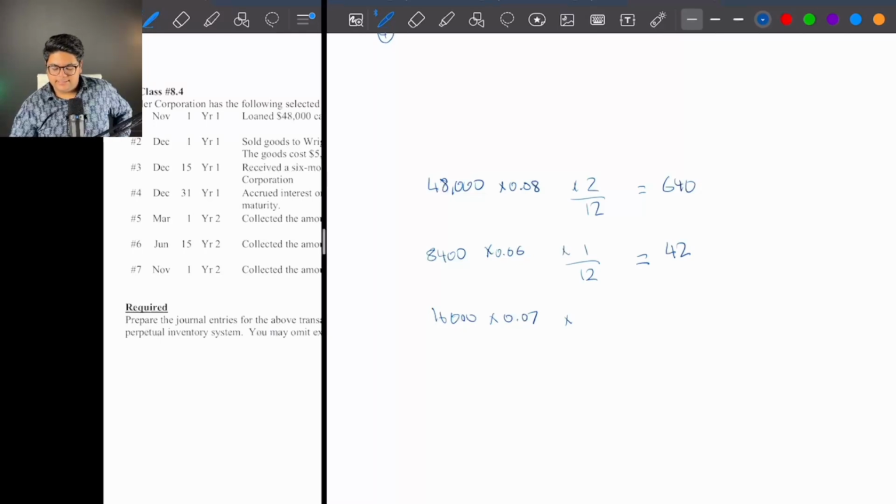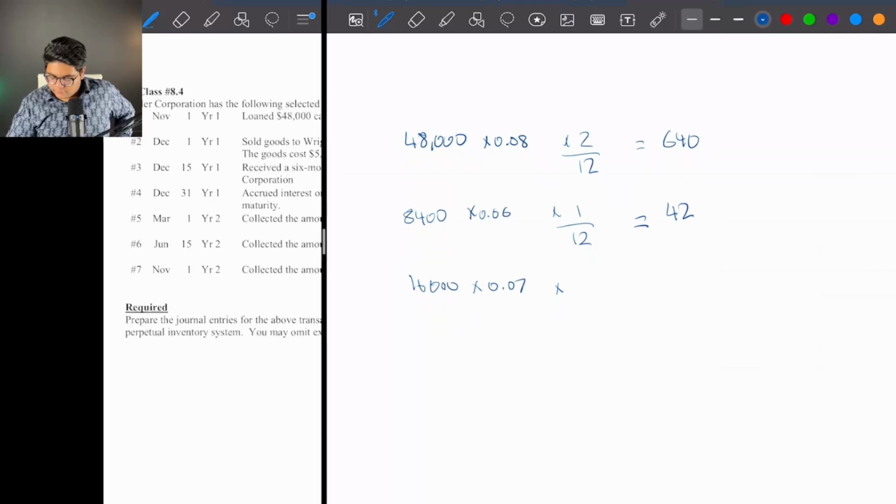This can either be 2 out of 52 because it's 2 weeks, or it can be 1 out of 24. It's a bit weird here, but let's just go with months. So this is for half a month, right? 0.5 out of the 12 possible months in a year. This is the same as 1 over 24. Use whatever you want. I just go with months. If you do the math, this comes out to about $47.